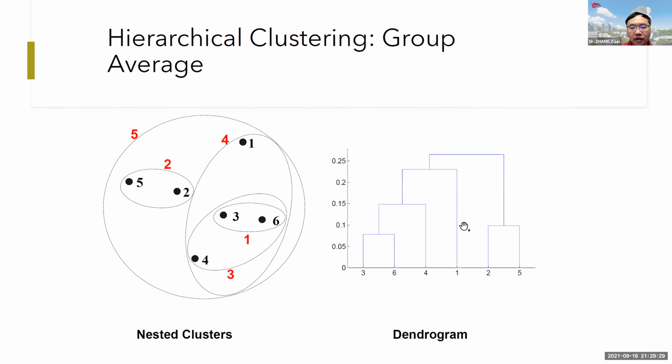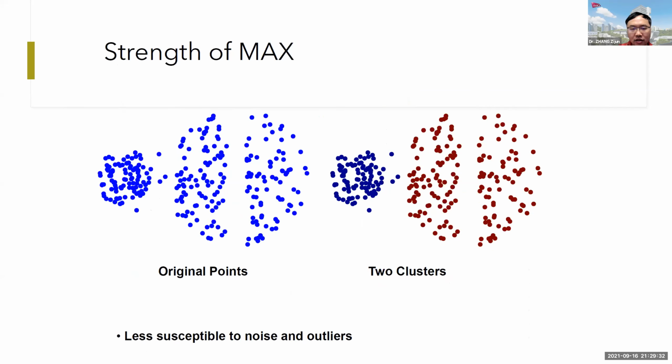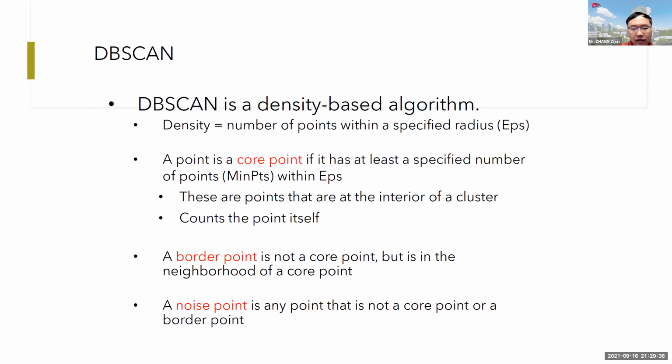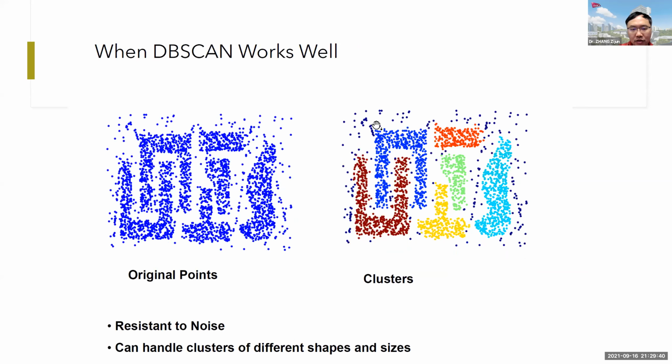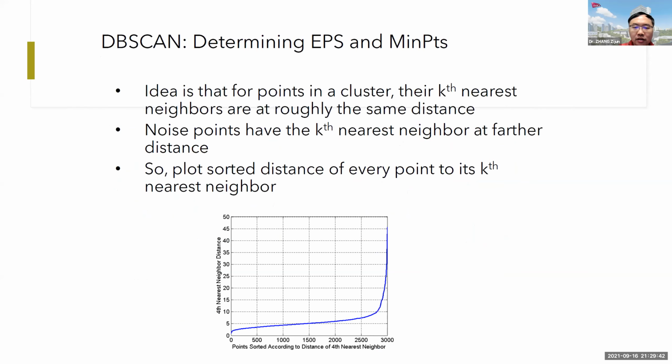Based on such an examination, we can set the k, or we can set the epsilon length. Noise points have the kth nearest neighbor at a farther distance. So we plot the sorted distance of every point to its kth nearest neighbor, and we probably stop at one place. Okay, here.